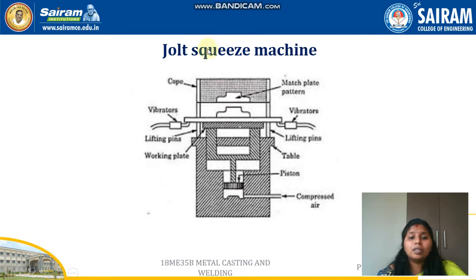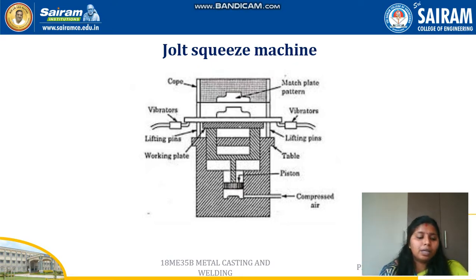The next one is the jolt squeeze machine. In jolting, the box is taken upward and dropped suddenly, and in squeezing, the box is placed and squeezed. Here it is a combination of both actions. Both actions take place in a single machine. One box is with the jolt action, the other one is with the squeeze action.